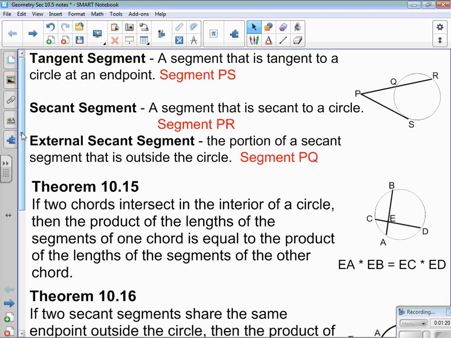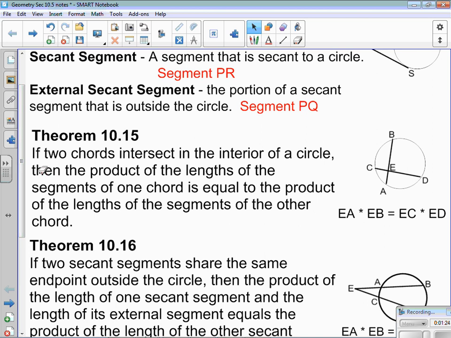Theorem 10.15: if two chords intersect in the interior of a circle, then the product of the lengths of the segments of one chord is equal to the product of the lengths of the segments of the other chord. I've got these two chords intersecting inside the circle. If I take the lengths of the two parts times each other for each one of them, they should be equal.